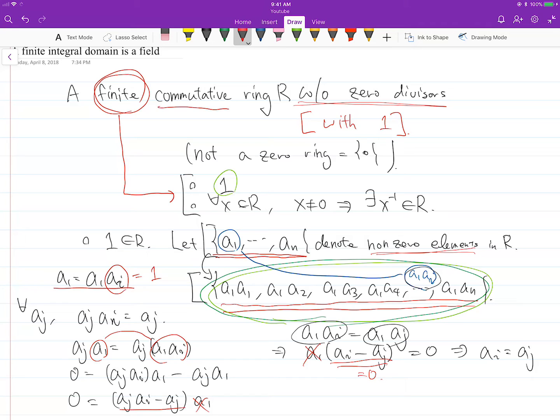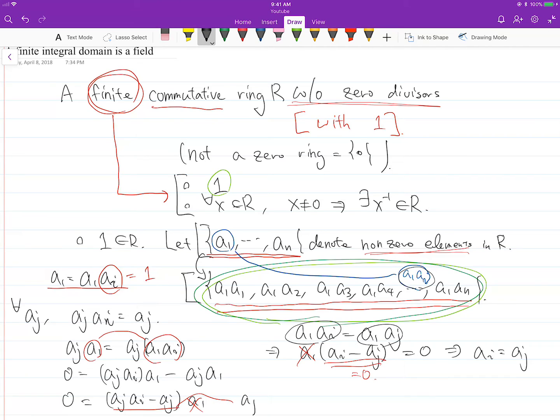That means a_j equals a_j a_i. Then a_i is indeed the unity, the identity element. So yay, we found it. We just proved that 1 is in R.